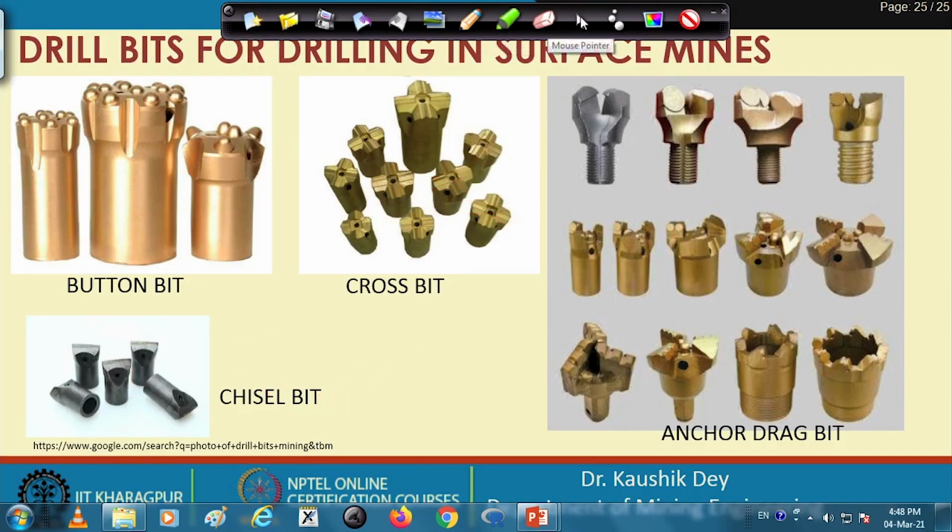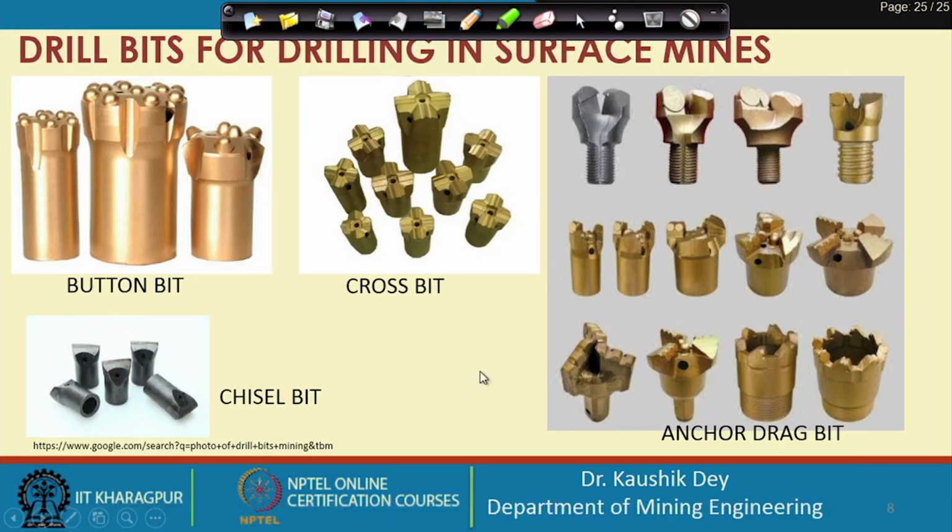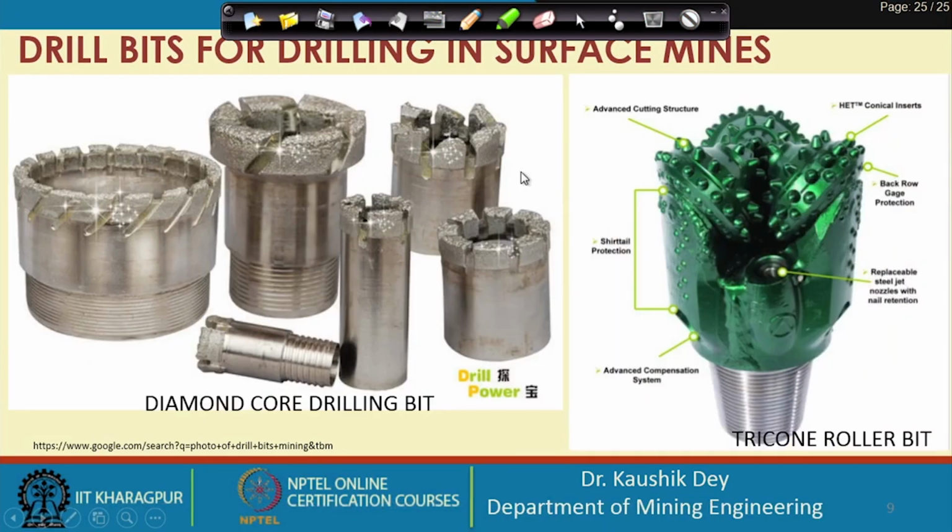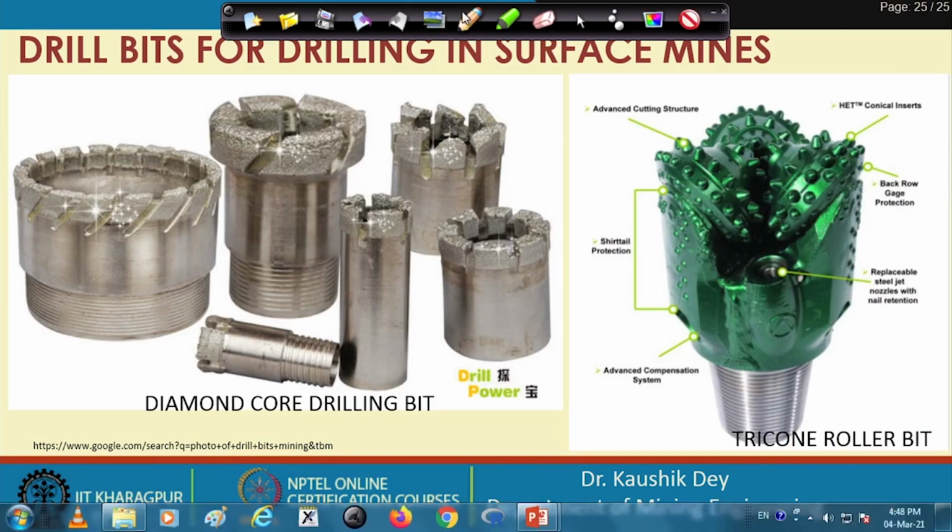So, this is very commonly used in those cases, and these are the bits most commonly used for the rotary drilling system. You can see these are the diamond drill bits. These diamonds are impregnated into the mouth of the drill bit, and you know the diamond is the hardest material.